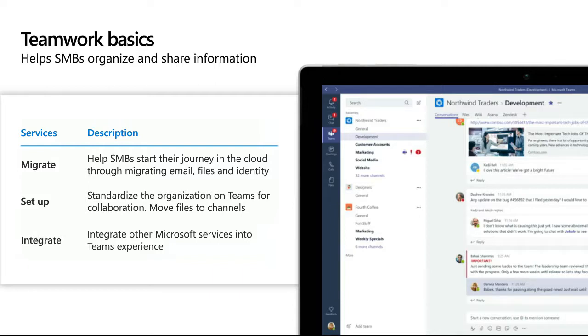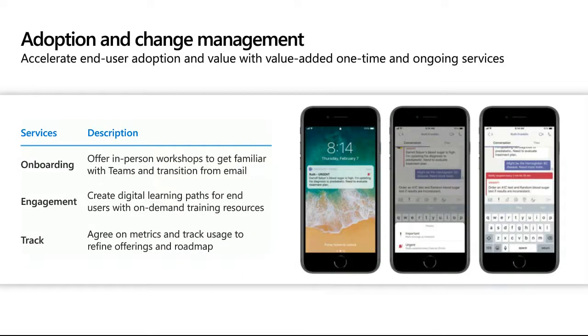When partners sell teamwork, they are increasingly attaching adoption and change management services, according to a July 2019 Forrester TEI survey on teamwork. This is because deploying the technology is no guarantee of adoption. When people first need to change the way they work, adding people-oriented services can help customers use technology to work better.